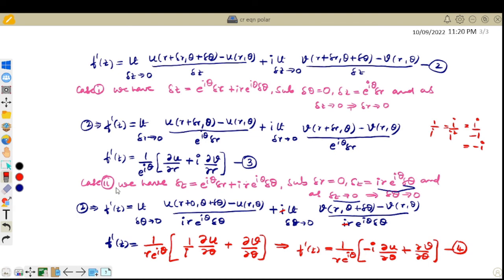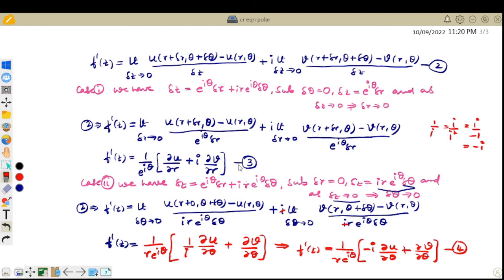Now compare equation number 3 and equation number 4. In both the equations, the left side is equal, that is f dash of z. So definitely the right side is also equal.